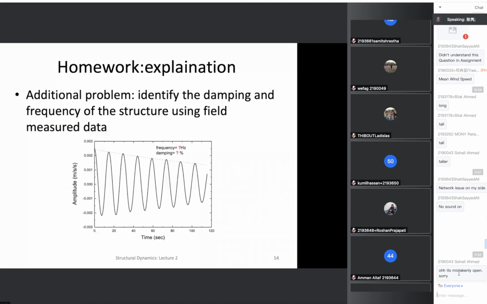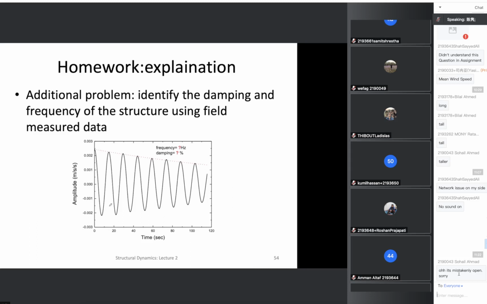Okay, I will just explain today's homework again. I gave you this curve. This curve is from a real structure, okay? We measured it from a real structure. So when you plot this, it's like this. And I need you to identify the damping and the frequency of the structure using this measured data. I give you the data in ASCII form.